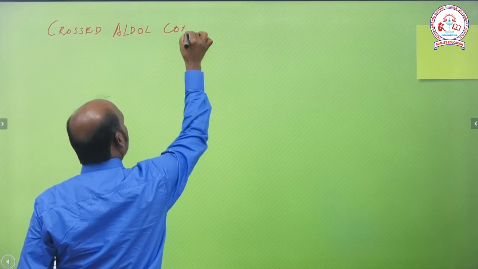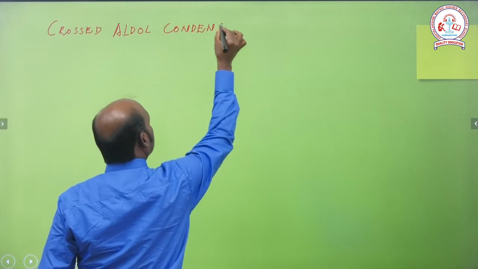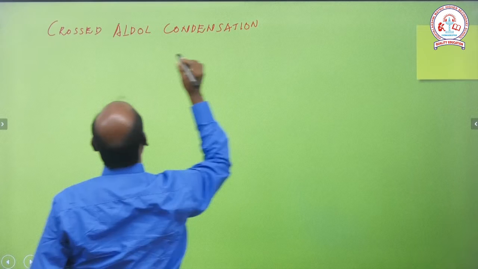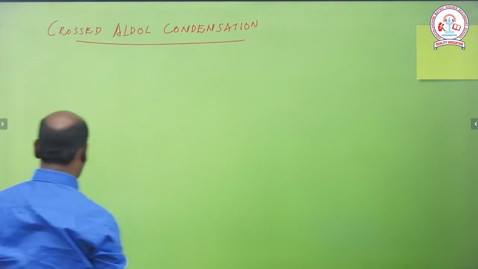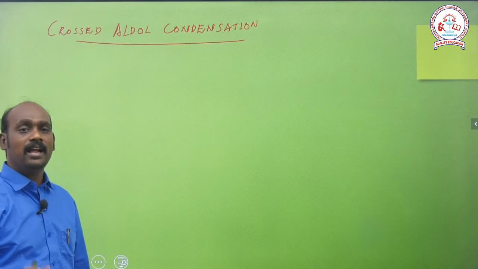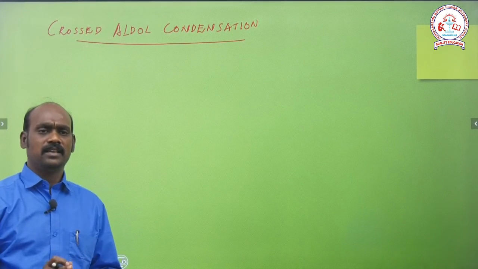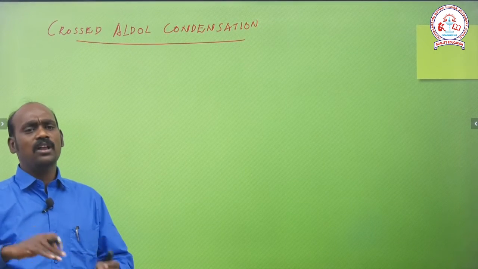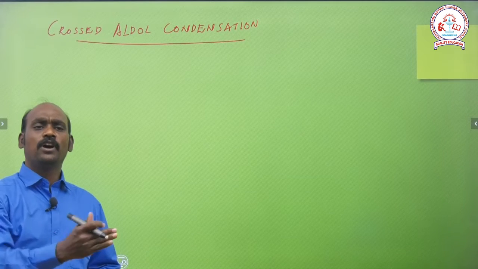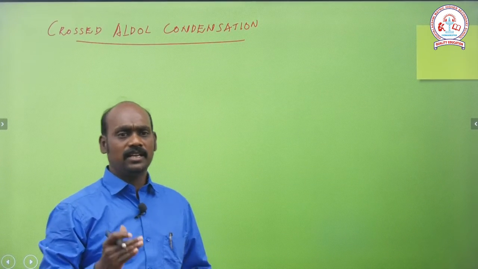Crossed aldol condensation. Here we can take one aldehyde and a ketone. So, two different aldehydes, two different ketones, or one aldehyde and one ketone combined together to form a condensed product, that is called crossed aldol condensation.